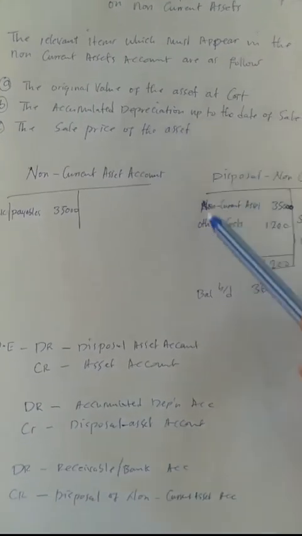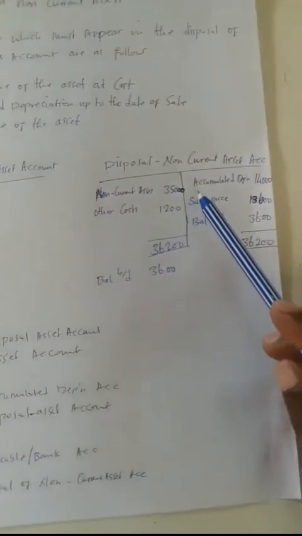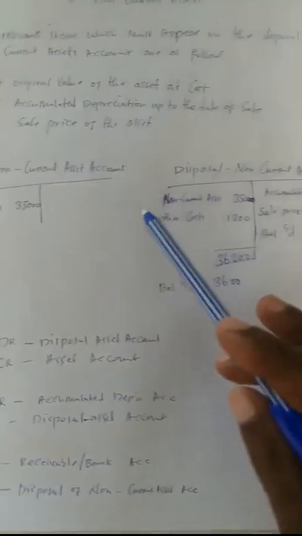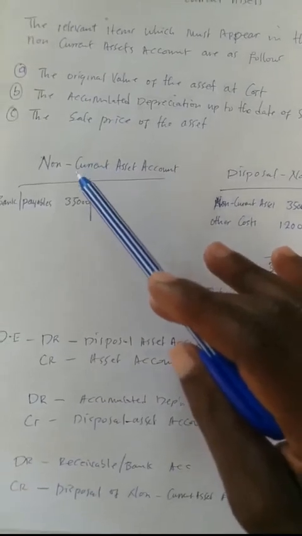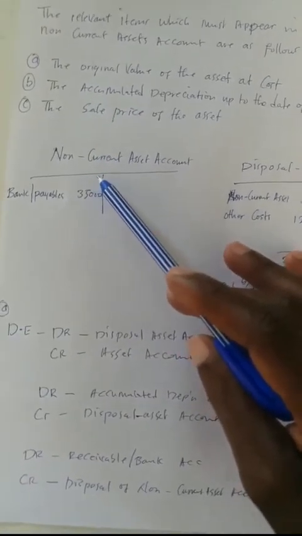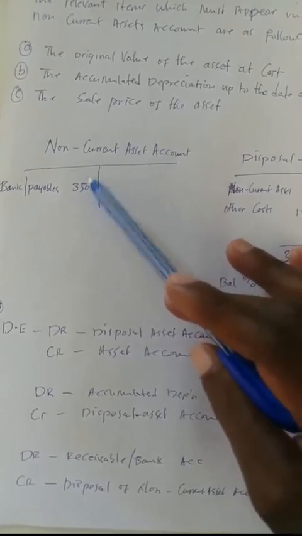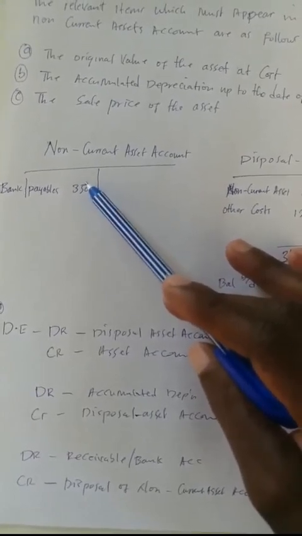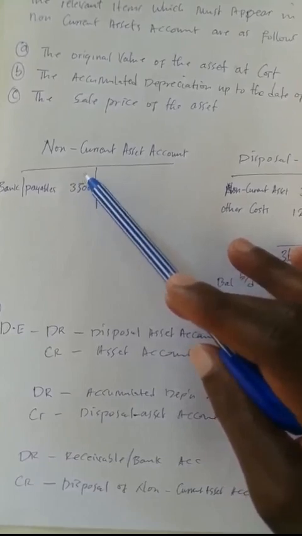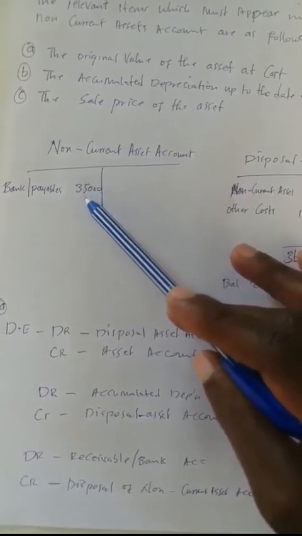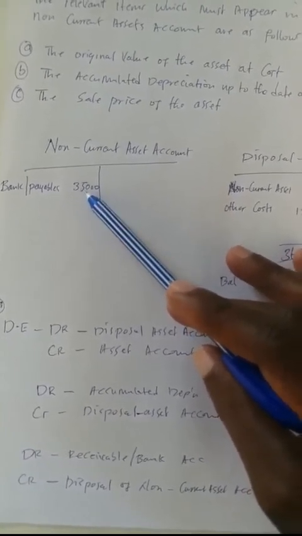So let's look at the two accounts which are important that I have here. We will have the non-current asset account, which recorded the value of the non-current asset on purchase, when it was first acquired.